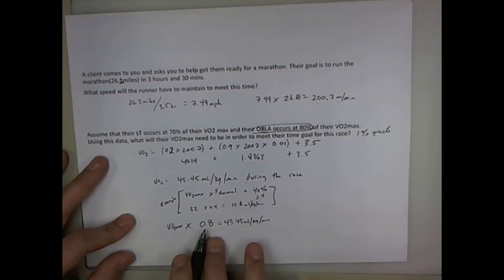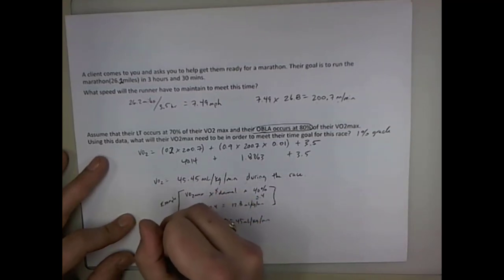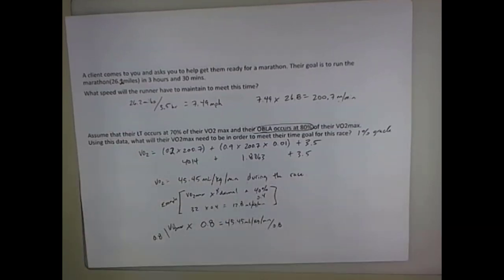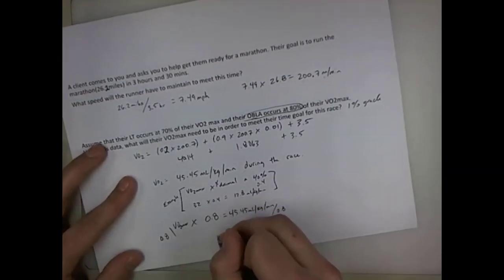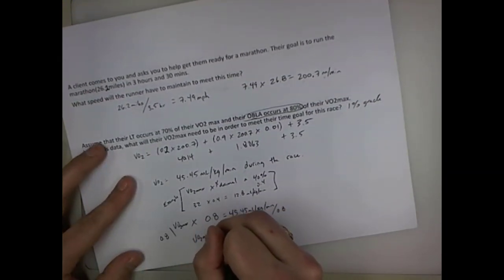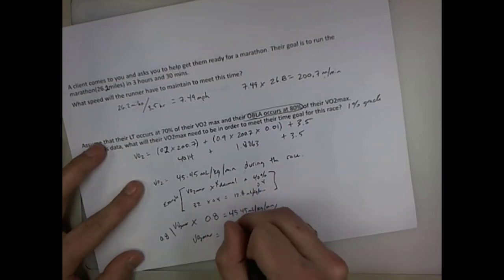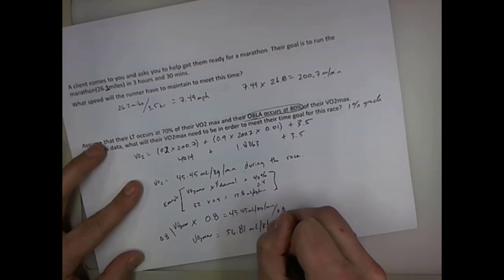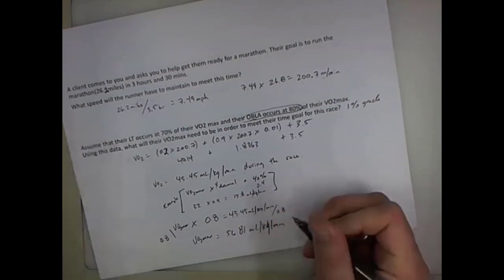So to solve this, we just divide both sides by 0.8. This tells us that our VO2 max needs to be 56.81 mils per kg per minute.